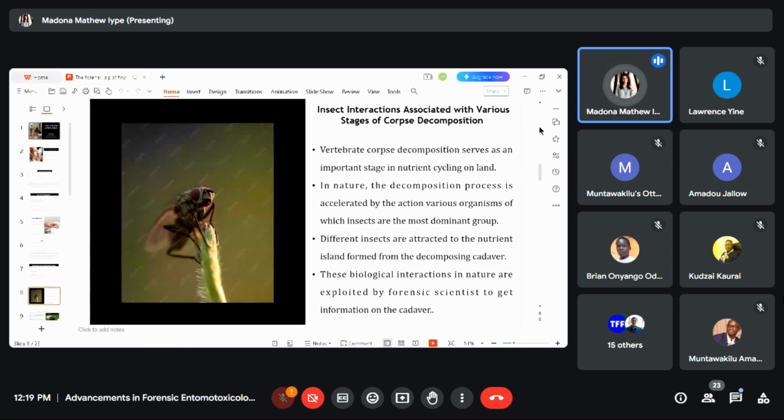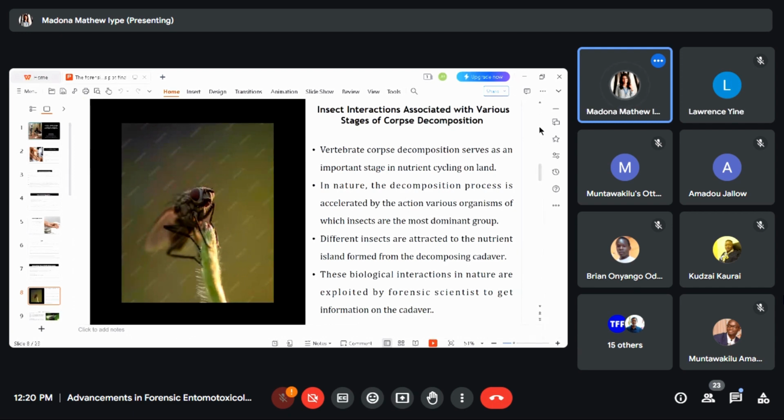So we all know once the body is decomposing, obviously it is a pool of nutrient cycle, and insects will require nutrients in the form of blood and other body liquids and flesh as well for their reproduction process, for their food necessities, etc.